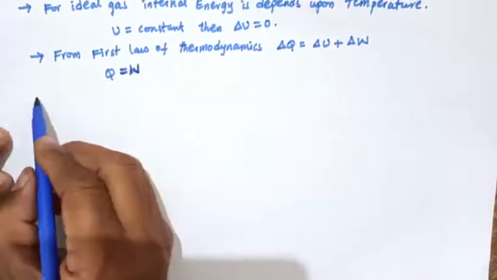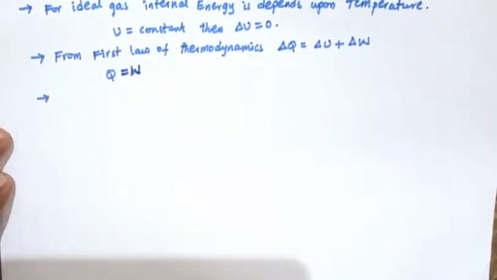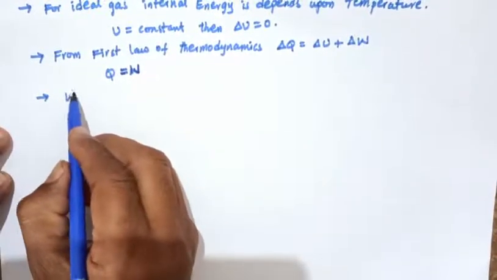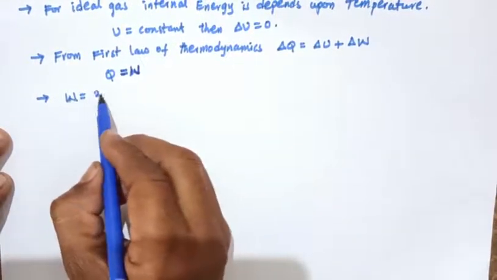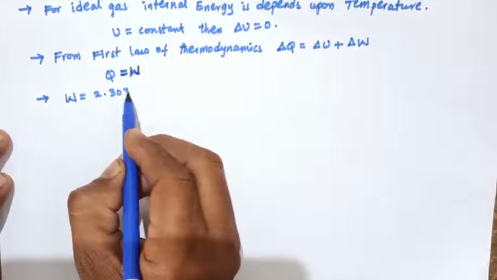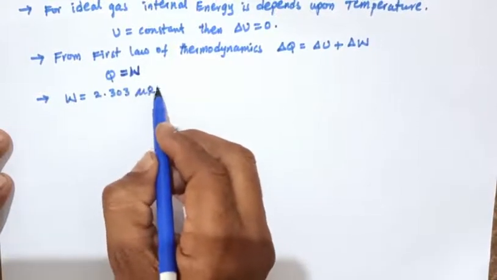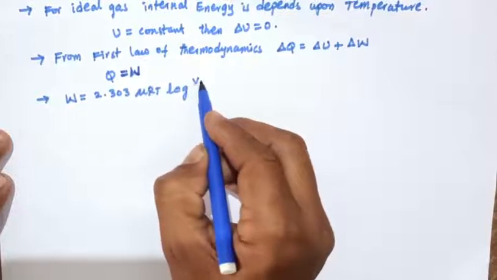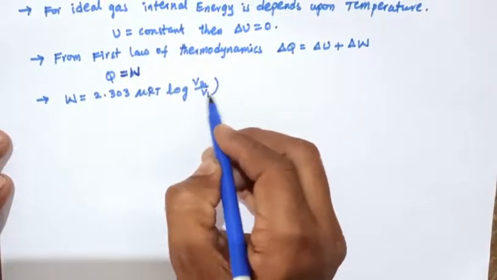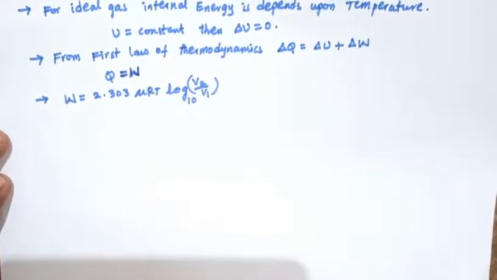So in the isothermal process, the work done W equals 2.303 mu RT log base 10 V2 by V1.